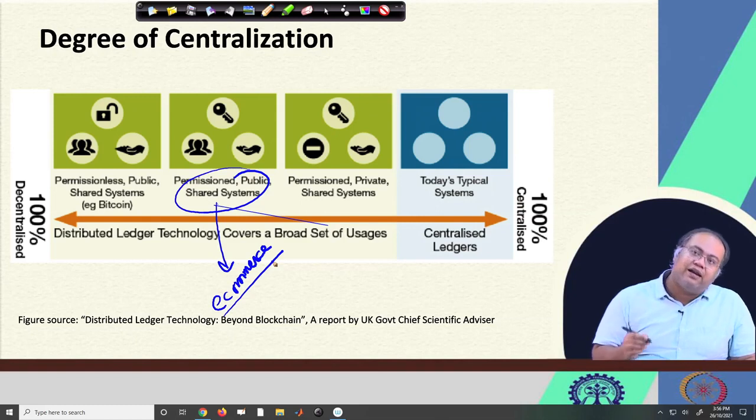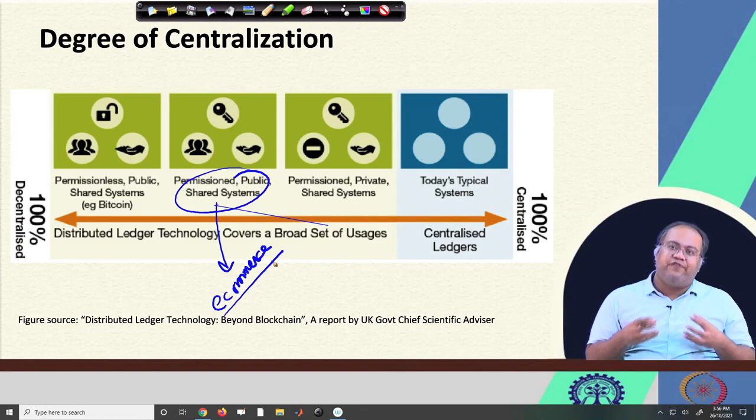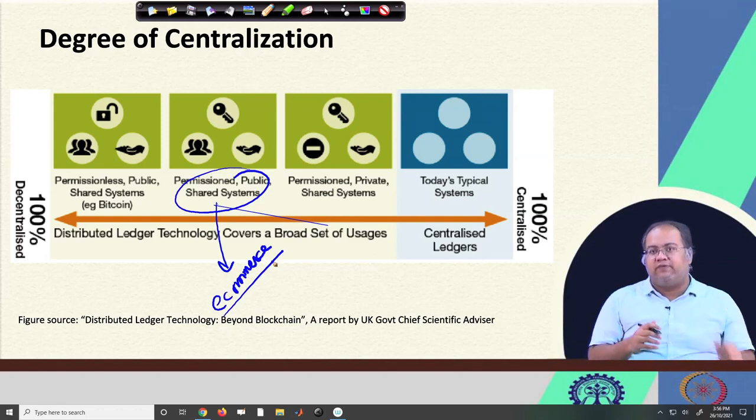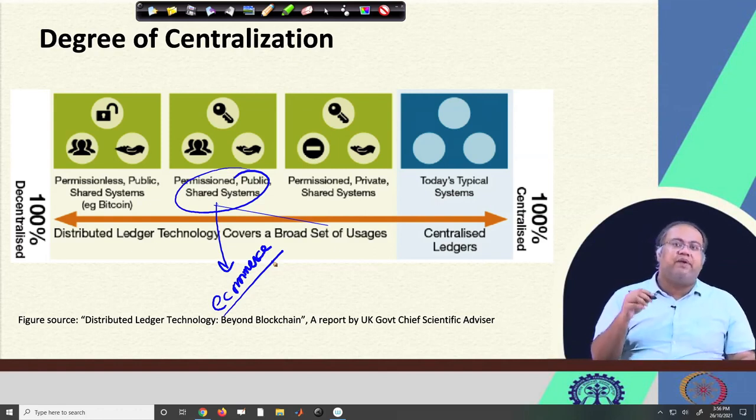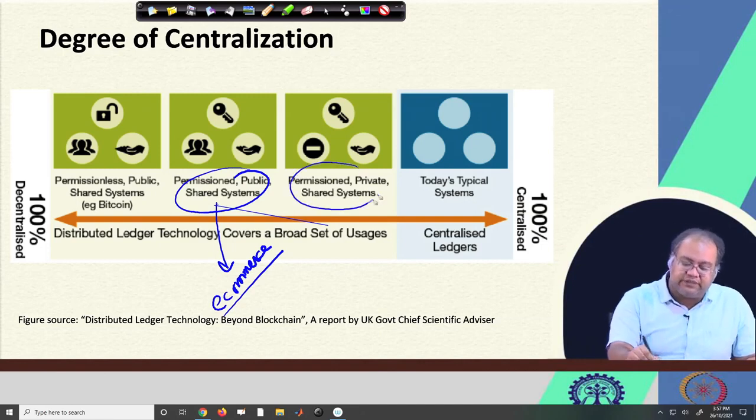On the other hand, there are enterprise use cases like supply chain management, where a fixed number of enterprises come to a consortium and participate in an end-to-end supply chain procedure. If you remember the example of the oil supply chain or petroleum supply chain that we discussed earlier, that is an example of this permissioned private shared system.